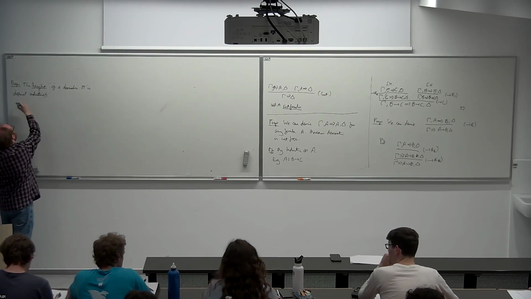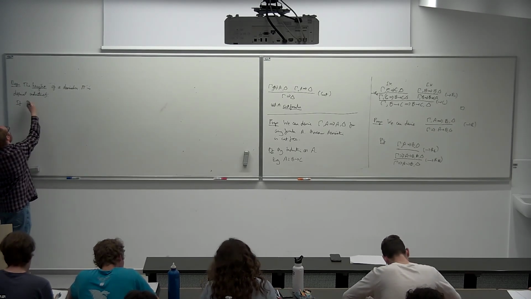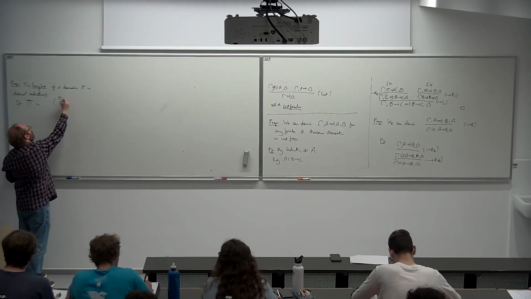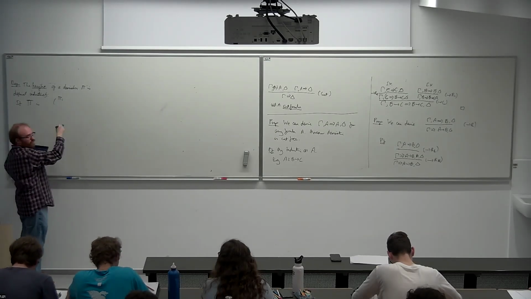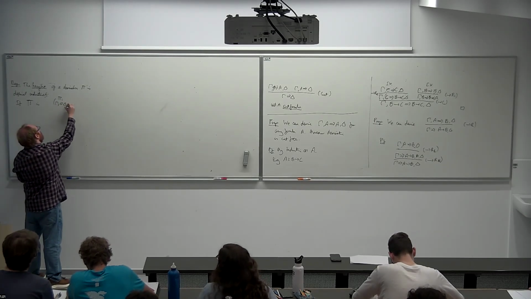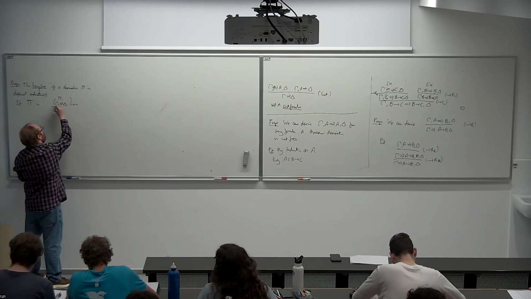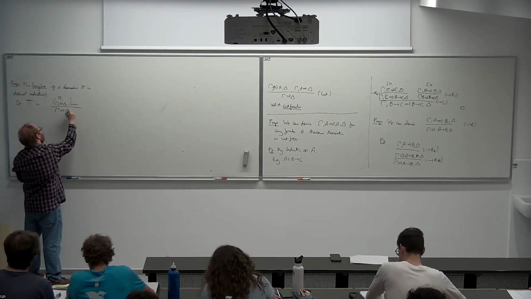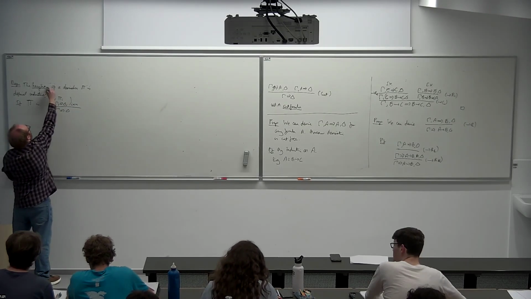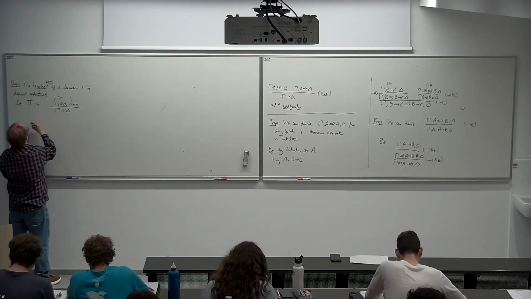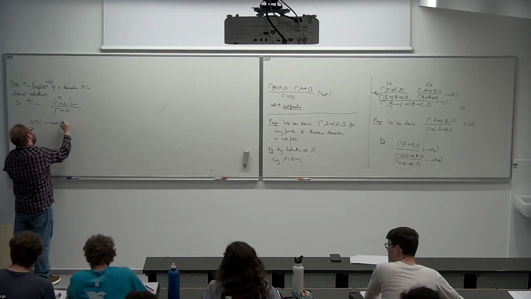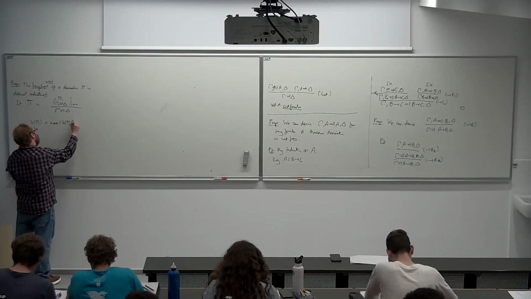If π has a bunch of sub-derivations, which I'm going to call π_i, deriving Γ_i ⊢ Δ_i, and the conclusion is Γ ⊢ Δ, then h(π) is defined to be the maximum of the heights of the π_i, plus 1.